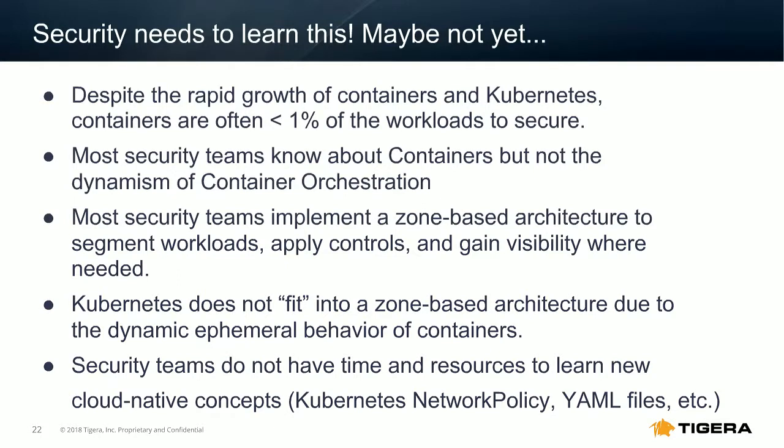The other challenge here, and oftentimes this is why we see the perimeter firewall in place and nothing else put together, is that most security teams know about containers, right? And that's a workload. It can be assigned an IP address, and the container can be a relatively static workload. And we see that oftentimes as the first step to moving to containers.